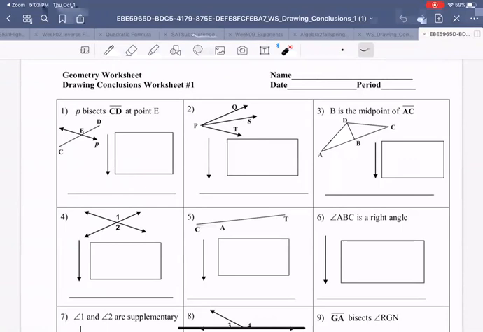Okay, P bisects CD at point E. So if this guy bisects this, who equals who? Line segment CE equals ED.